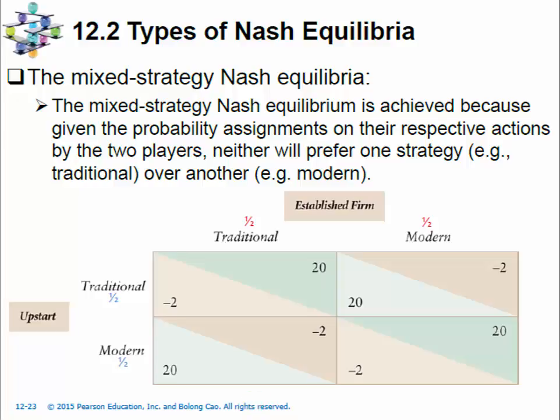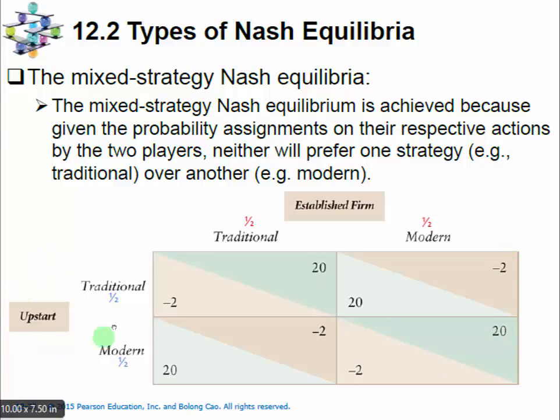That is 9. And if the established firm looks at modern, there is 1/2 probability to get -2 and another 1/2 chance to get 20. So the expected payoff for the established firm to play the modern style strategy is -1, that is 1/2 times -2, plus 10, that is 1/2 times 20, which is 9 again.